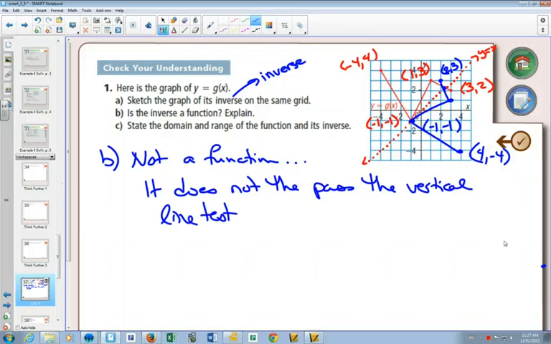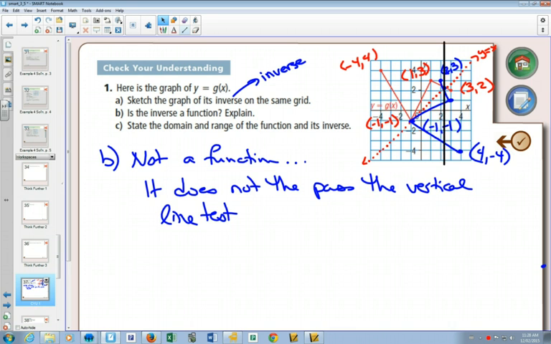And what that means is if you take any vertical line and you move that vertical line along, if that vertical line ever hits more than one point, and on the blue graph you can see right there it's hitting 2 points. Here I even have a place where it hits 3 points.